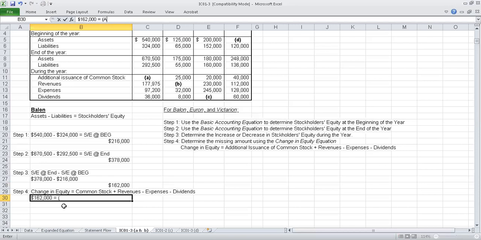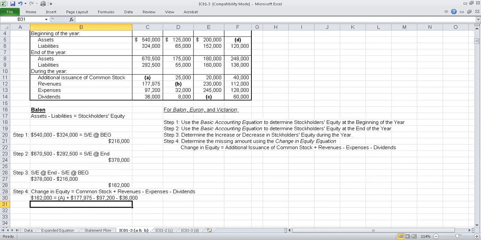And that's going to be equal to our unknown change in common stock plus 177,975 in revenues minus 97,200 in expenses minus 36,000 in dividends. And we just have to solve for the unknown now. And as long as there's only one unknown, we can solve for it.